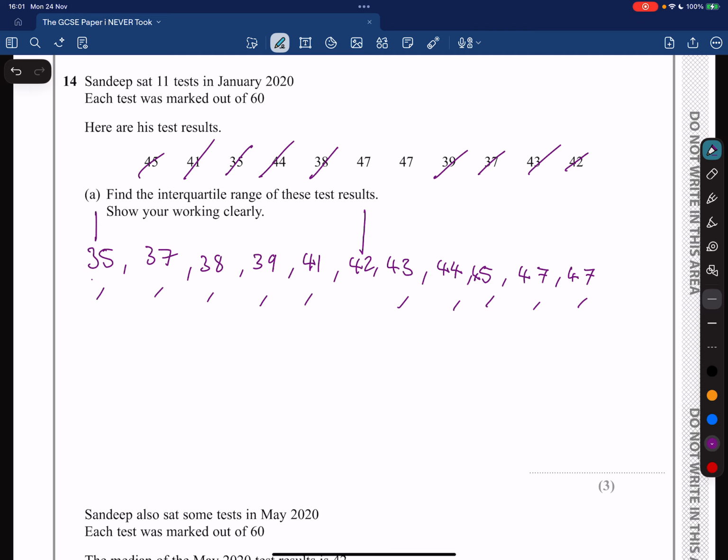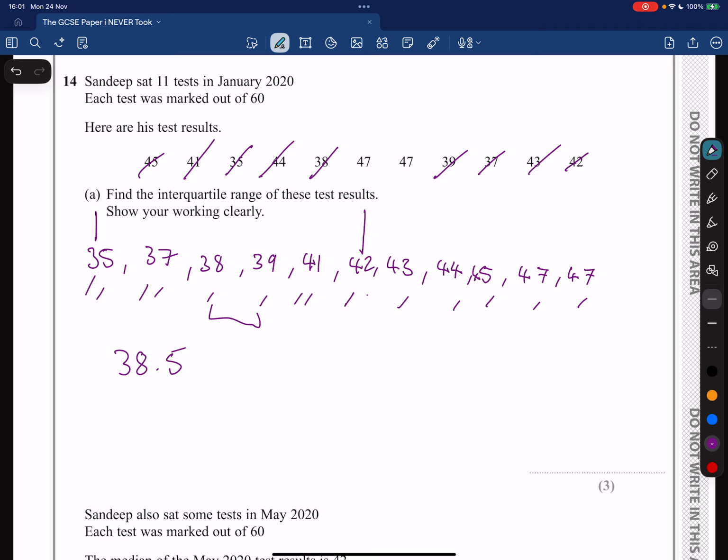So I think that the lower quartile is 38.5 because it's in between 38 and 39. So I'm going to go 38.5. And then I'm going to go the other way as well.